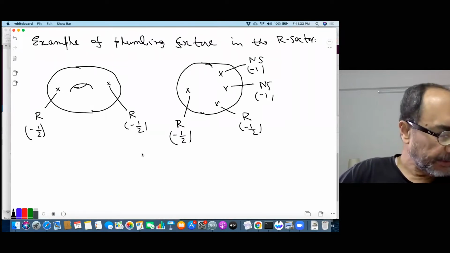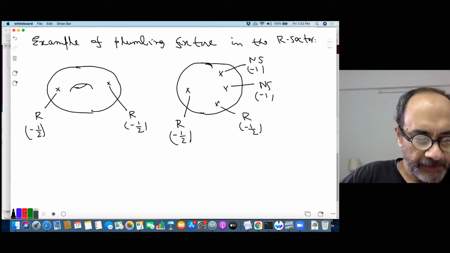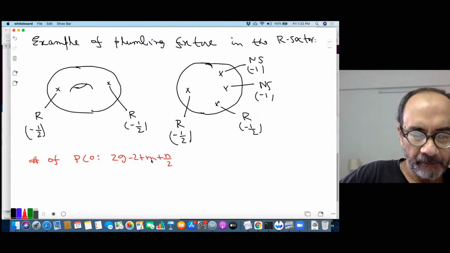Okay. And now let's also put in the picture changing operators. Let me remind you the number of picture changing operators. So the number of PCOs is 2G minus 2 plus M plus N by 2, where M is the number of Neveu-Schwarz sector and N is the number of Ramond sector vertex operators.